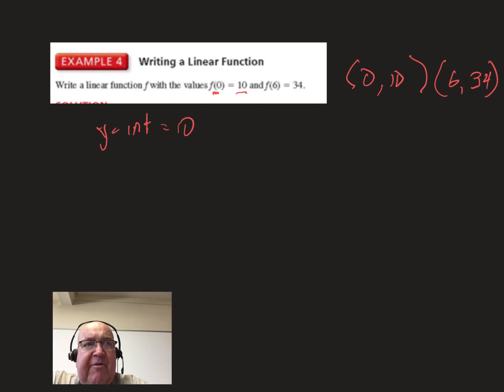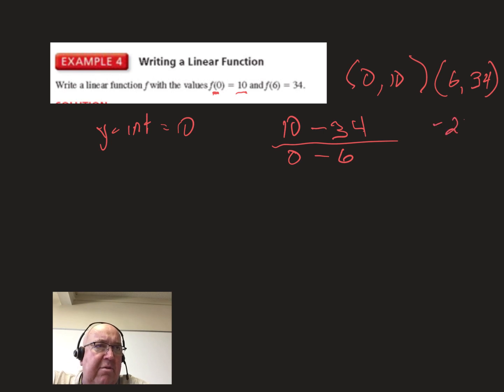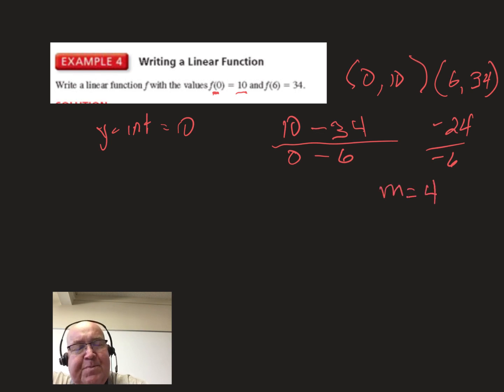So we're going to take our first y value of 10, we're going to subtract 34, we're going to take our x value of 0, we're going to subtract 6, and we're going to get negative 24 over negative 6, and we can divide that, and our m is equal to 4.